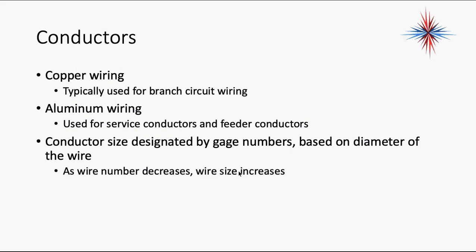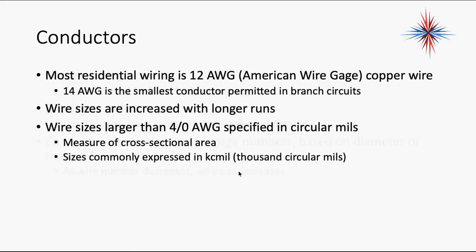The wiring that we were using off the spools in the shop when we wire circuit boards is either 12 gauge or 14 gauge, whichever one you decided to grab. So as the wire number decreases, the wire size increases. It's completely backwards from what you would think, and I don't know who came up with that.